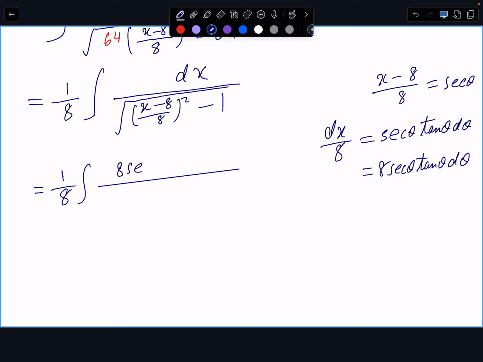Eight secant theta tan theta d theta. This is dx, right? And now what do we have here? This one is secant, right? Secant square theta minus 1 under the square root. So what do we have here?